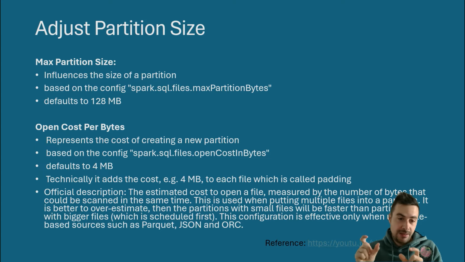Because to each file this open cost is added, so those 4 megabytes. That means roughly, 128 divided by 4 is 32, so roughly 32 files, maybe 31 if you add those kilobytes up, would fit into one partition.